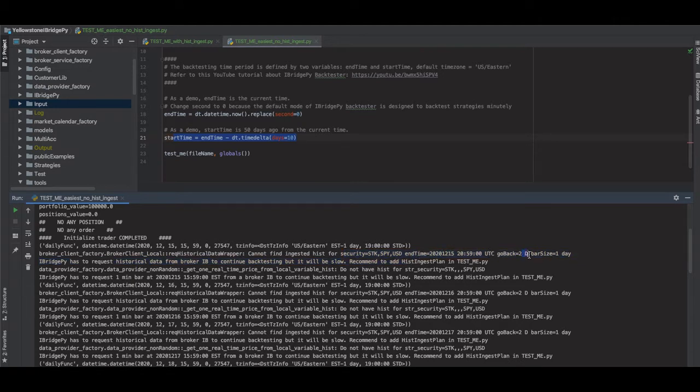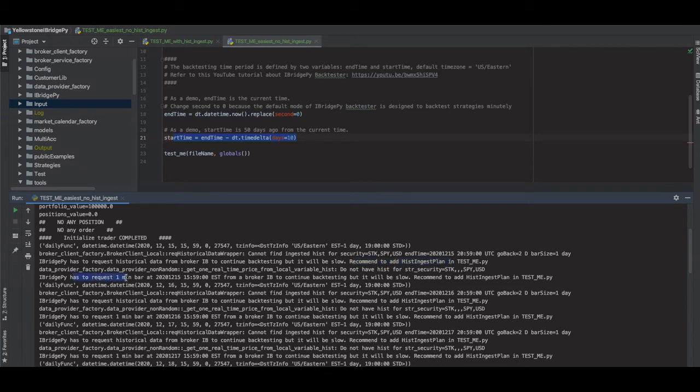We want to go back 2 days, and the bar size is 1 day, because in our strategy, we need the close price of yesterday. However, we didn't ingest any historical data, so IBridgePy actively requests historical data from IB, but recommends to add HistIngestionPlan in testme.py.